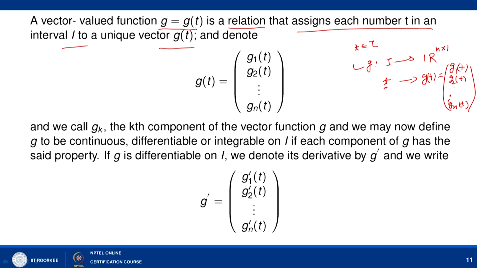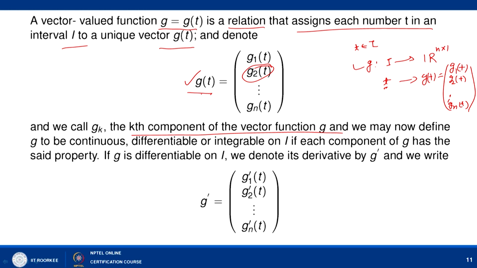For any given t, it gives you a vector defined as g(t), like g1(t), g2(t) and gn(t), and we call these the components, the kth component of the vector function g. We may define the continuity, differentiability and integrability of these vector valued functions in terms of their components.